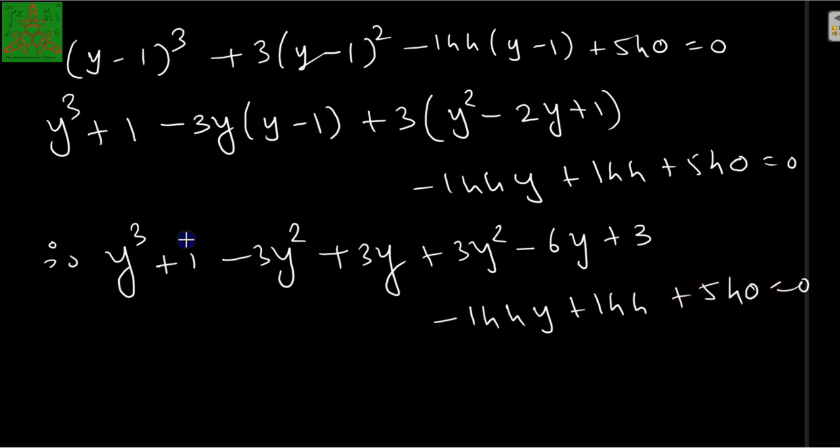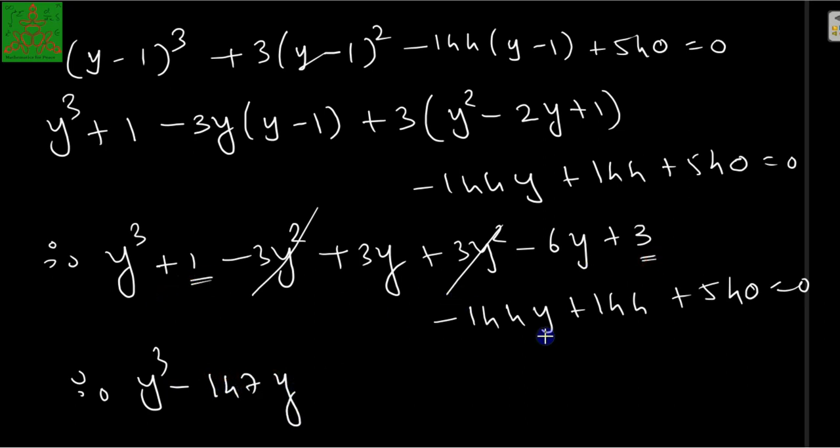You can see that the 3y square terms cancel out, and for the y terms we have 3y, minus 6y and minus 144y. So you will have y cube minus 147y, and adding the constant terms, 1 plus 3 is 4, plus 144 is 148, plus 540, that is 686, equal to 0.